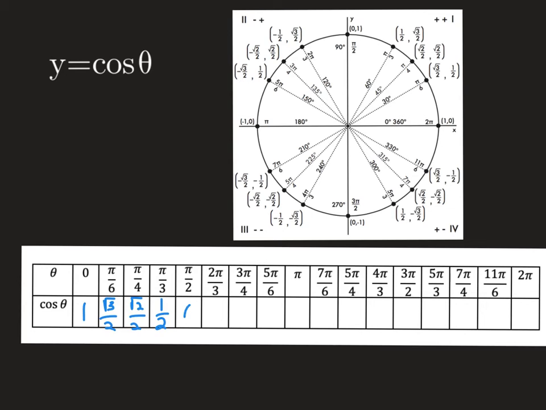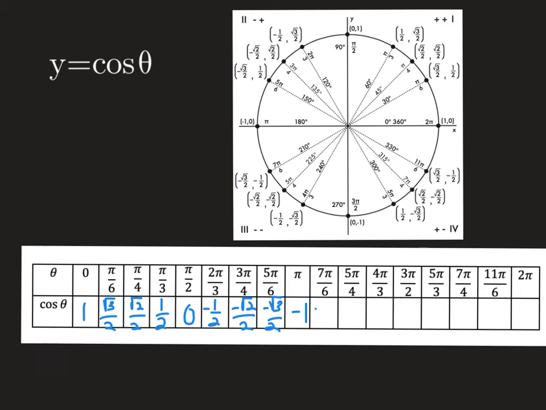At pi over 2 is 0. 2 pi over 3 is negative 1/2. 3 pi over 4 is negative root 2 over 2. 5 pi over 6 is negative root 3 over 2. Pi is negative 1. So you can see how the numbers are the same. They just go in a different order from the sine.